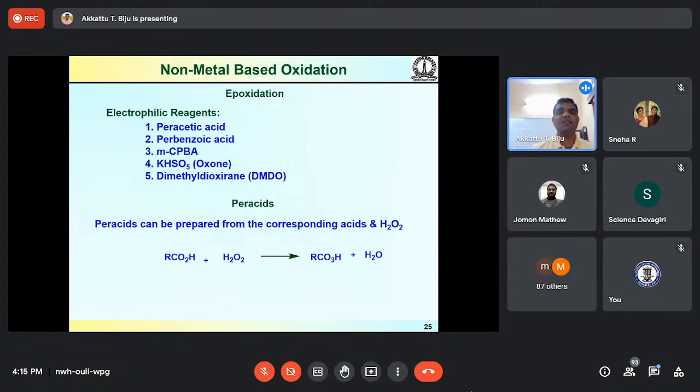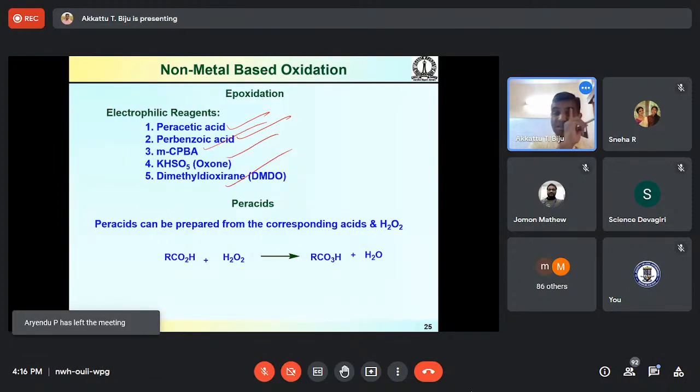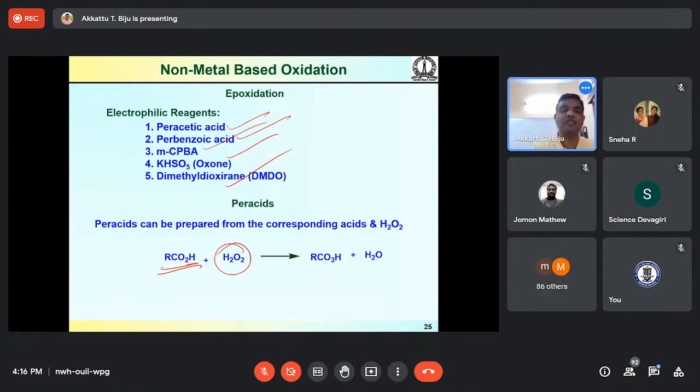So generally, the reagents used are peracetic acid, perbenzoic acid, MCPBA, oxone, and dimethyldioxirane. Usually one can easily prepare the peracid from the carboxylic acid upon treatment with hydrogen peroxide, and we get the peracid moiety.